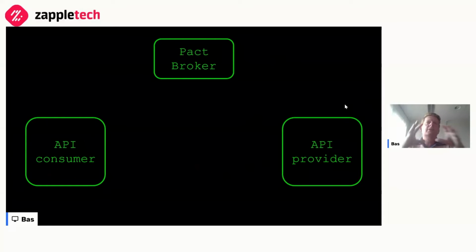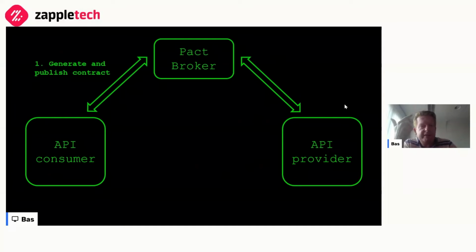That Pact broker acts as a central registry, a central library for all the contracts that live within a specific context. Plus, it stores contract verification results. In the consumer-driven contract testing flow, it's the consumer who generates and publishes that contract as a first step.